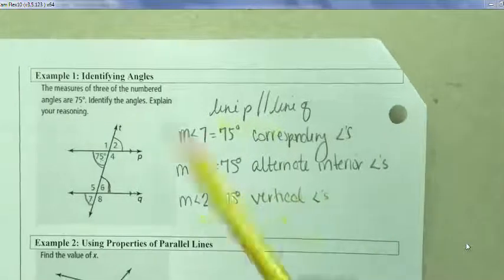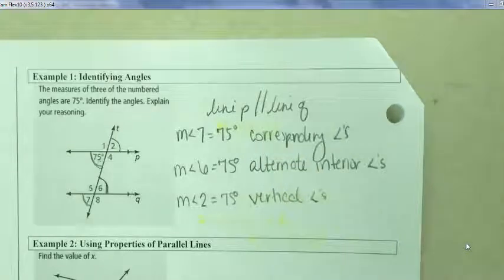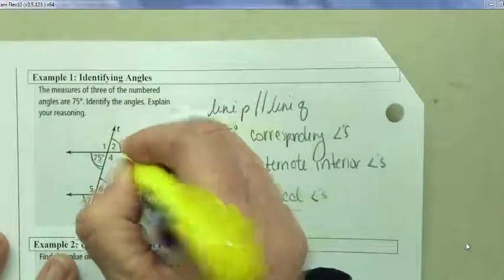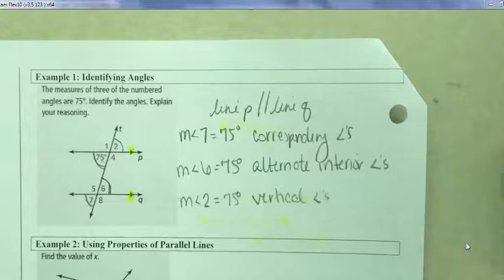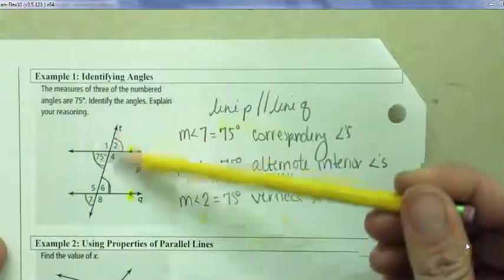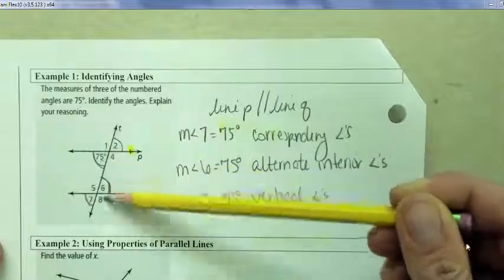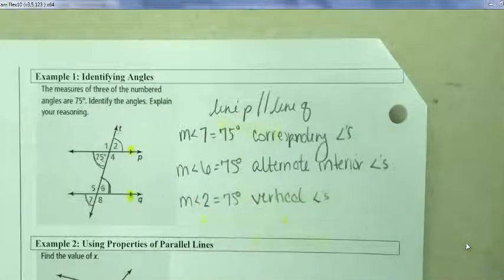Now that has nothing to do with these two lines being parallel. It's just a vertical angle. One more time, as a reminder, we know that these lines are parallel because of these little arrows right there. Because these two lines are parallel, cut by a transversal, corresponding angles are congruent, alternate interior angles are congruent. Vertical angles are always congruent. Doesn't matter if you have parallel lines or not.